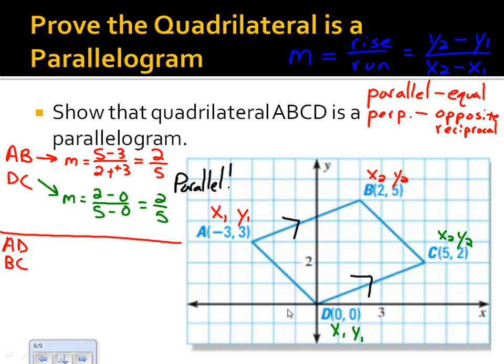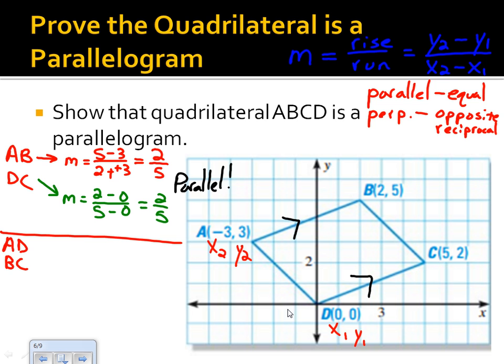Now let's erase these, and we're going to do it again for the bottom. So we'll do AD. I'm going to pick x1 down here. It really doesn't matter. It's just going to make it easier for us. x1, y1. x2, y2.